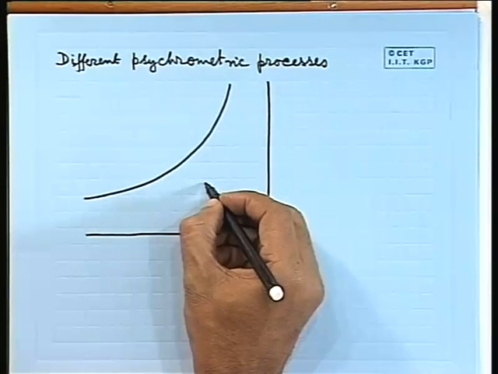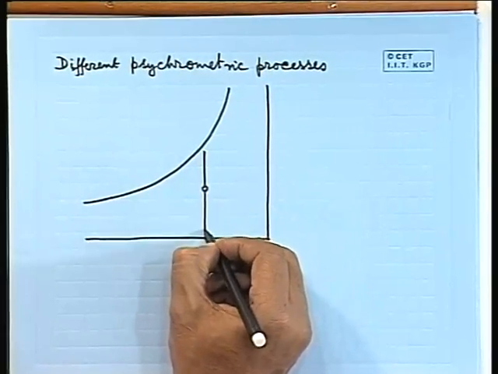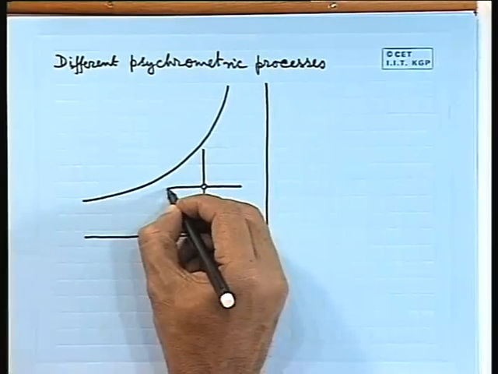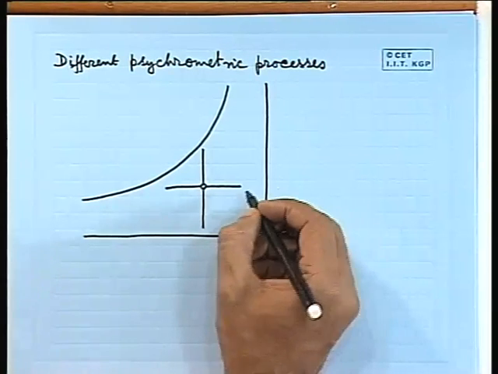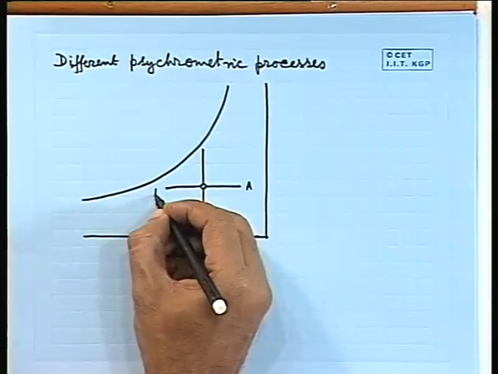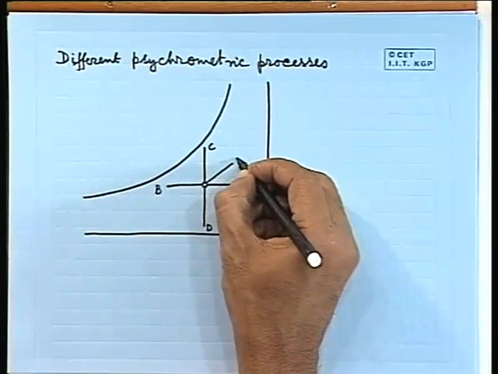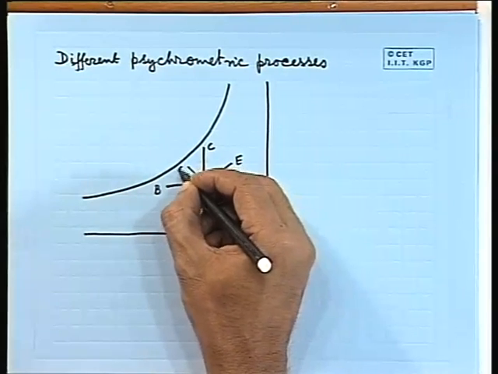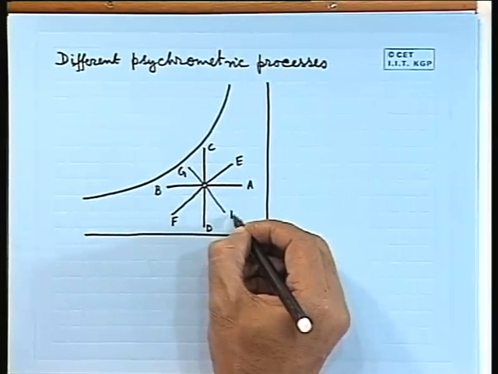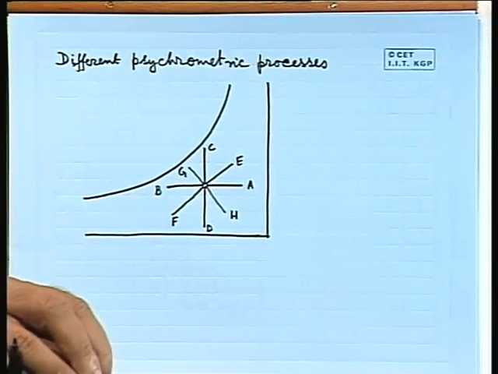Now, what could be different processes? Let us say the central point is called O, and let me give different names A, B, C, D, E, F, G, H. So, these are different possible psychrometric processes.